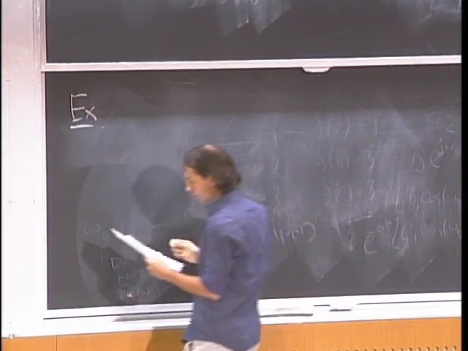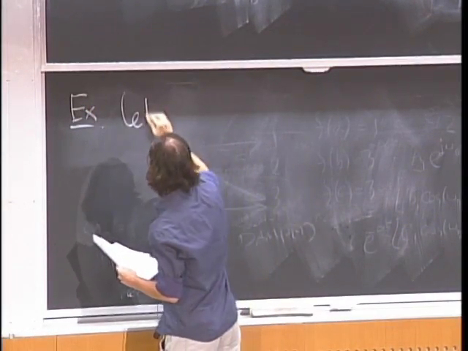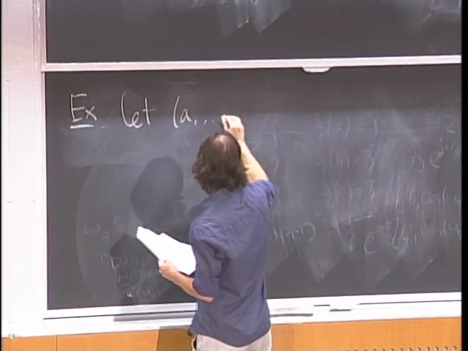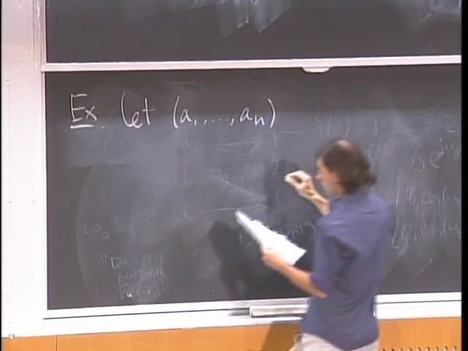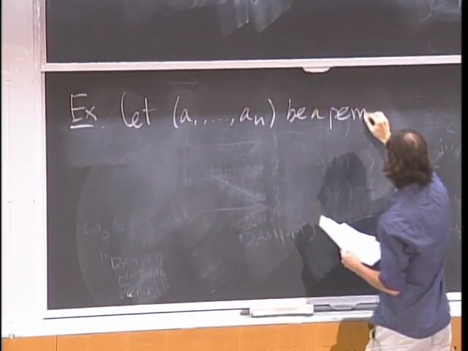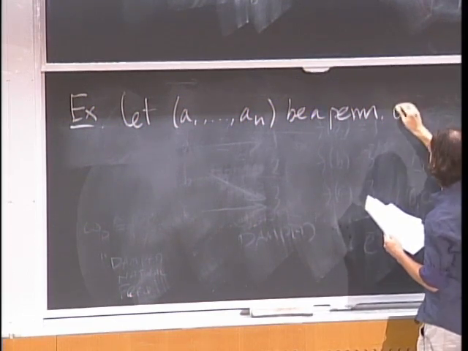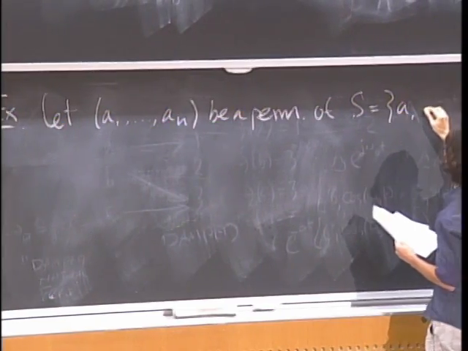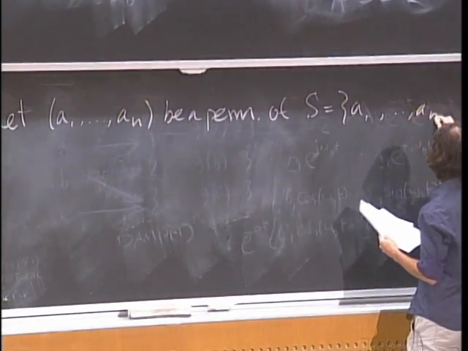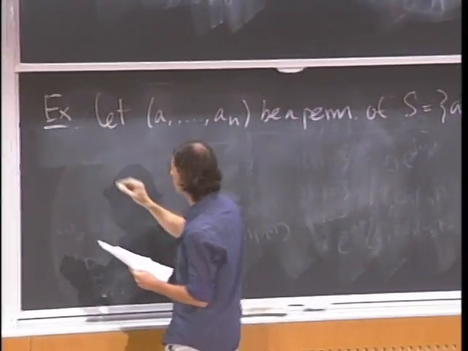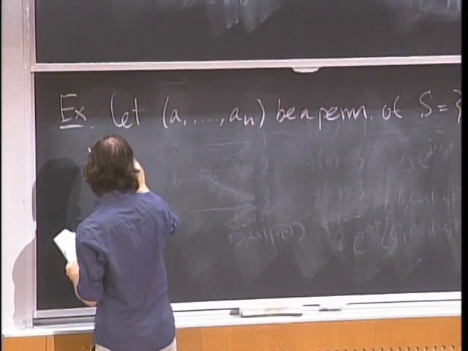So for example, if we have a permutation, A1 up to AN, so let this be a permutation of the set S that contains all the elements A1 up to AN. This is just one example of a permutation. And now we may define the following function.